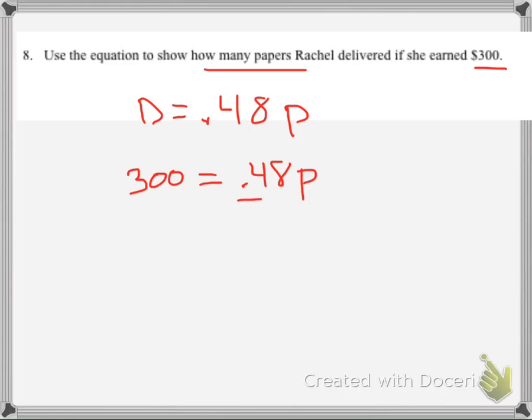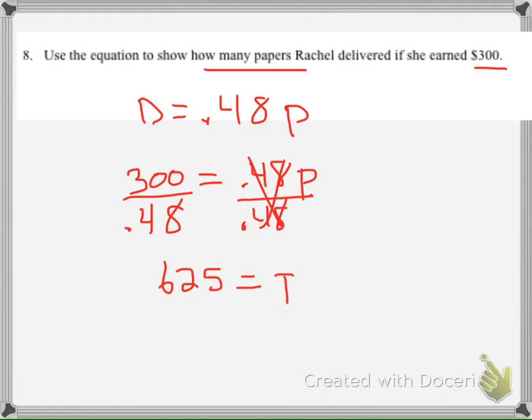I want to get P by itself, so I'm going to divide by the 48 cents on both sides. I hope you guys are remembering how to solve these. So 300 divided by 0.48 is 625 papers. So in order to make $300, Rachel would have to deliver 625 papers.